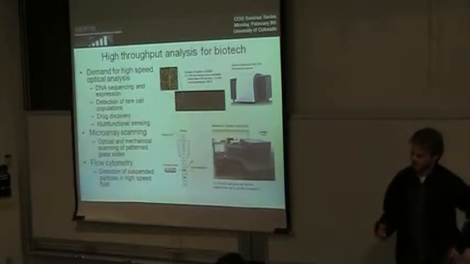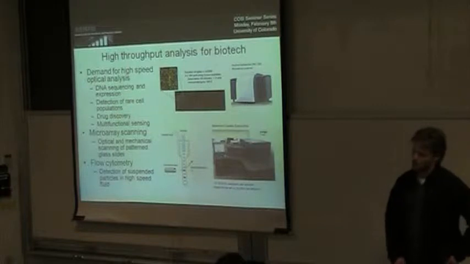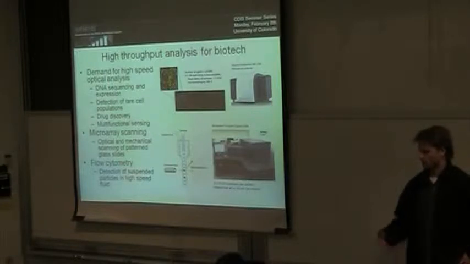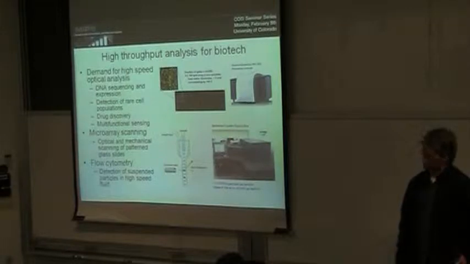You need to measure them several different times in order to assemble them back together again, so you have to make tens of billions of measurements, often labeled by different fluorophores. If you can figure out a high throughput method to do this, very parallel and very fast, you can make this process cheaper, more uniform, and be able to do this for a broad number of people instead of just a few.